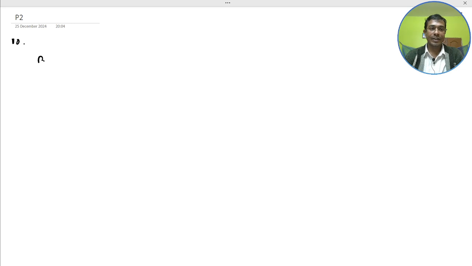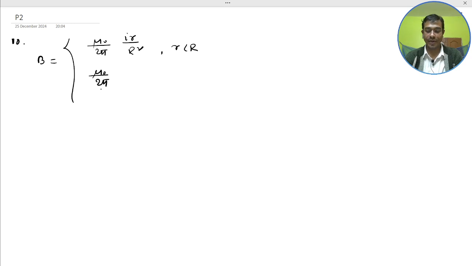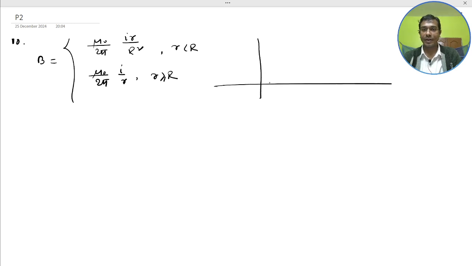For a solid cylinder, B would become μ₀/2π · I r/R² for r less than R, and μ₀/2π · I/r for r greater than or equal to R. And this graph is important; I think at times it comes in the NEET exam or JEE Main.